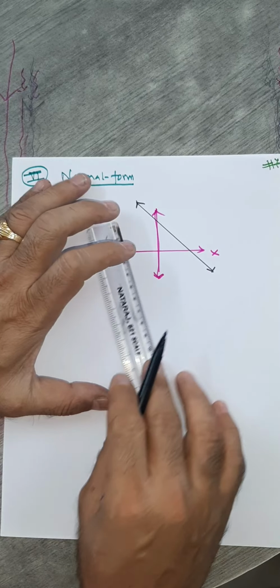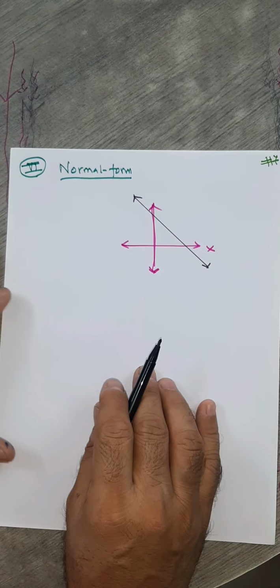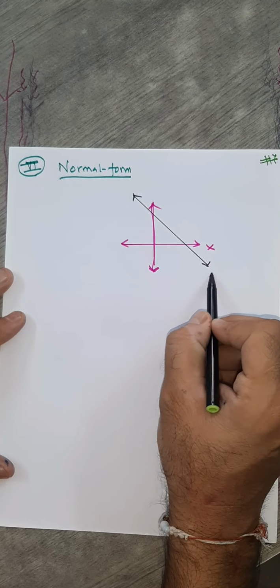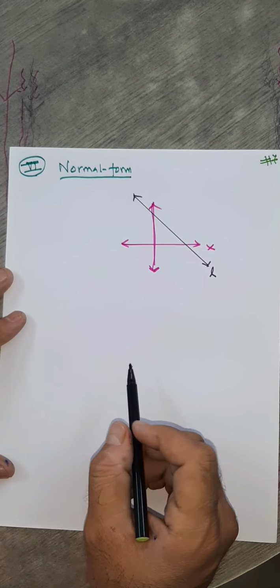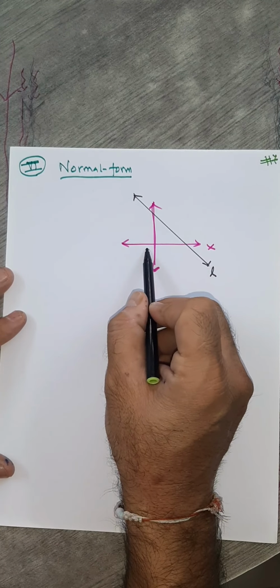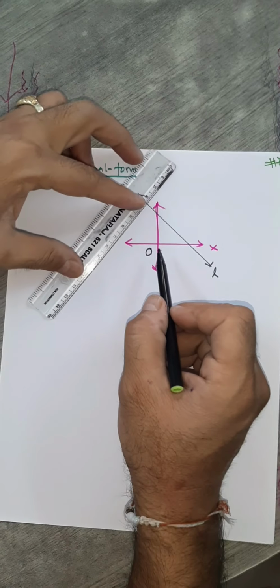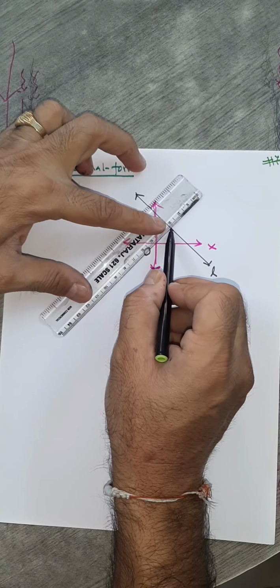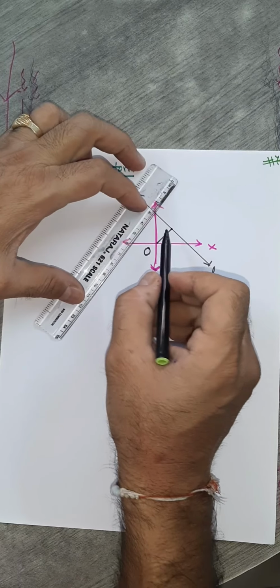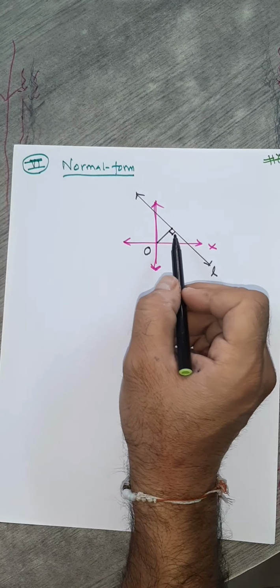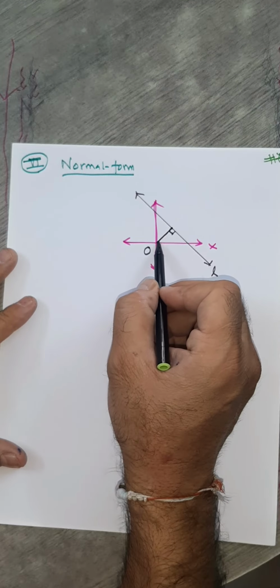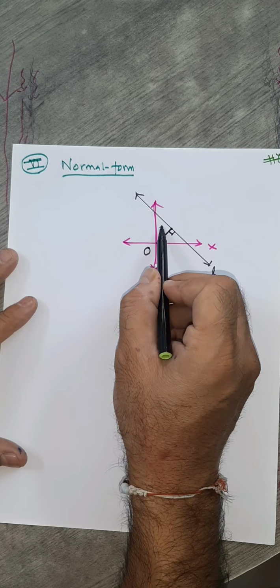This is called the normal line. Now about this line, two things we are given. This is the required line. Number one, you are given one perpendicular from origin. On this line, one perpendicular from origin is drawn, and its length is small p.